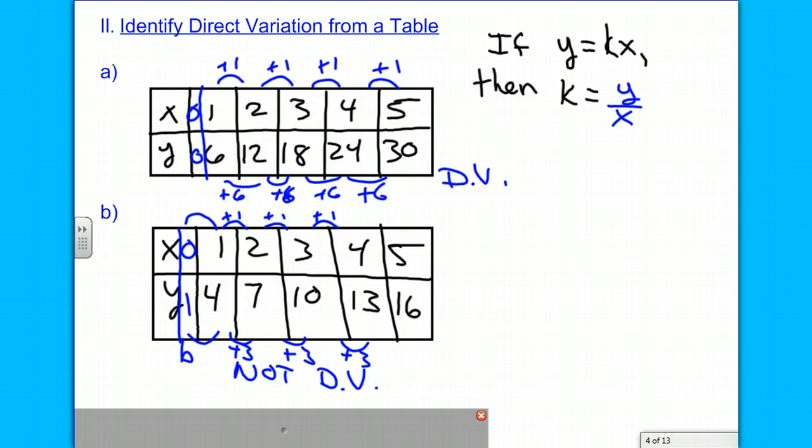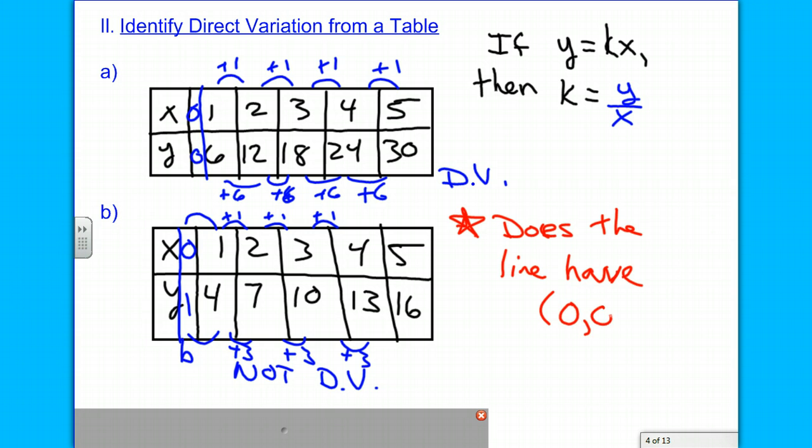We really do have to figure out whether we have point 0, 0, don't we? That's really the indication that we have a direct variation equation. So we might make a note here and kind of star it. Does the line have point 0, 0?